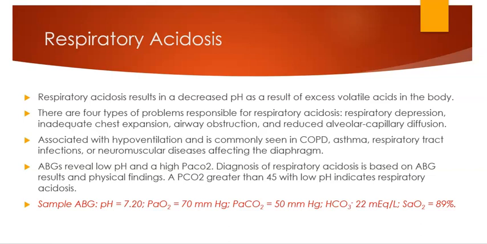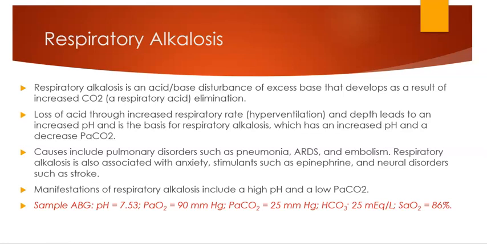Like I said, just make sure you're looking at your patient and thinking about their vital signs. If your patient's not breathing adequately because they're depressed or asleep or unconscious, whatever the case may be, they're going to retain CO2, which is going to lead to respiratory acidosis.